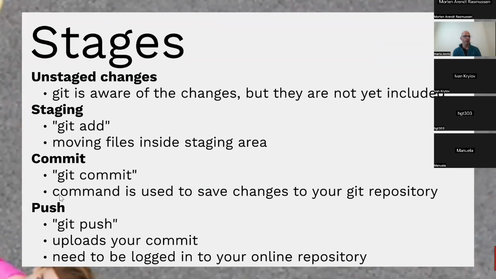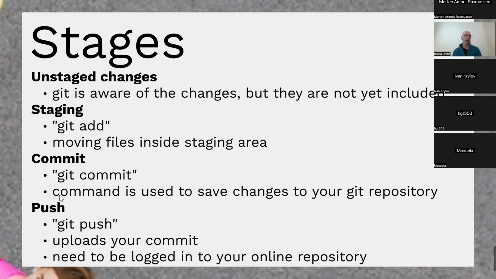And there are different stages of using it. When you're coding in your repository, it's just a folder where you told Git, okay, this is my repository, and you're coding. The changes which are happening are only happening locally, so on your laptop or server. With the command git add, you're moving the files into a so-called staging area.